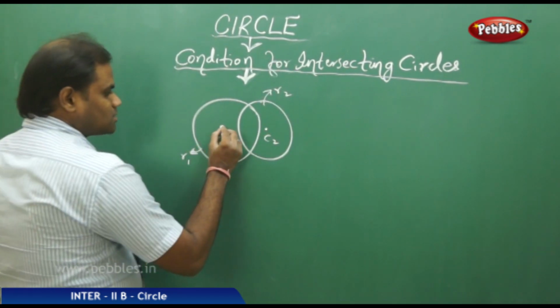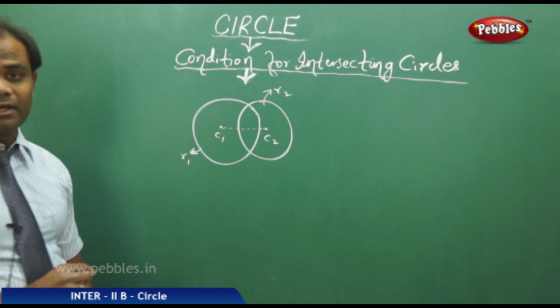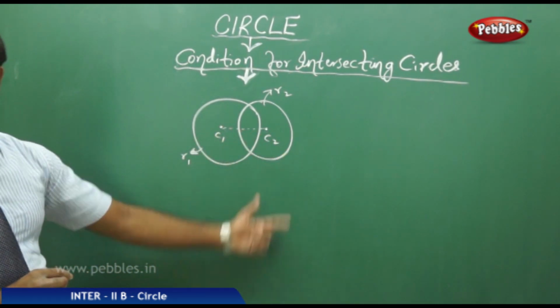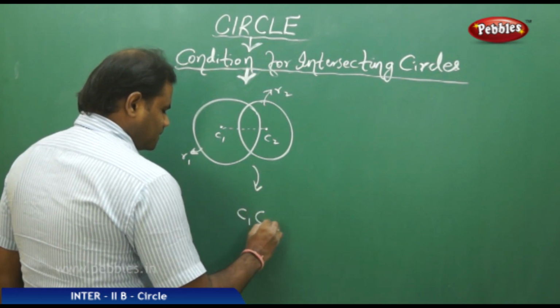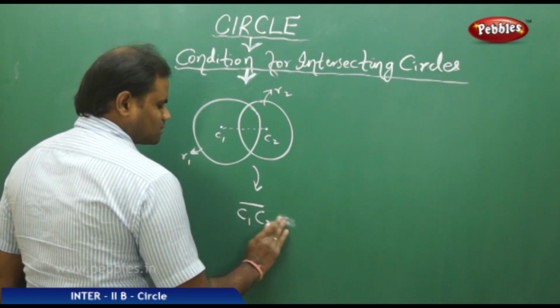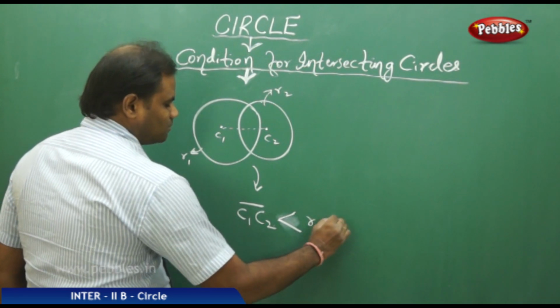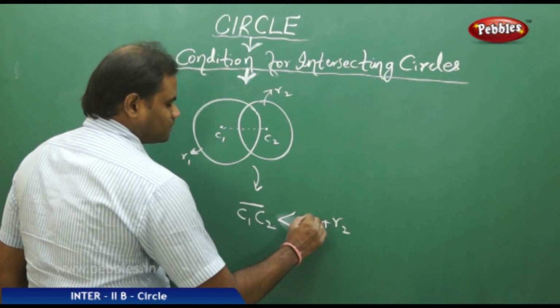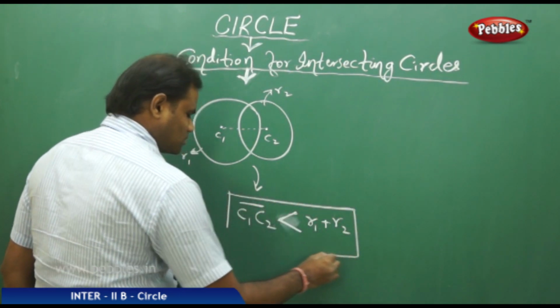Then the distance between their centers is obviously less than the sum of the radii, as can be clearly seen here. Therefore, the condition for this is that the distance between the two centers of the circles is always less than the sum of the radii of the two circles.